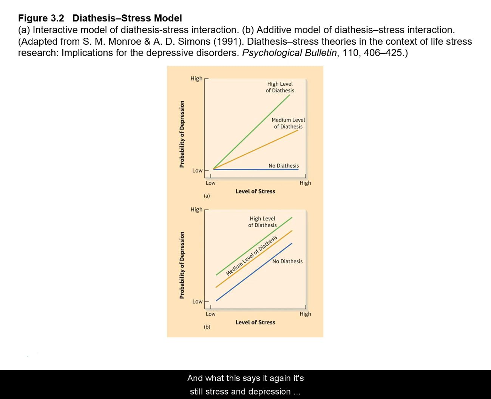And what this says, again, it's still stress and depression, okay? But what it's saying here is that as the level of stress increases, even with no diathesis, the probability of depression goes up. Okay, and so this makes sense to us, that there is a definite combination between the two for this model.